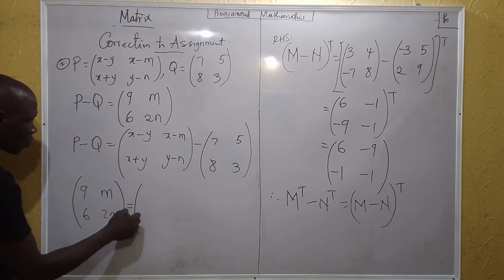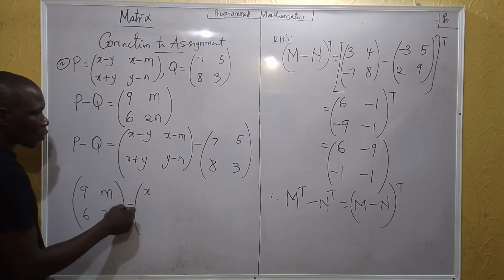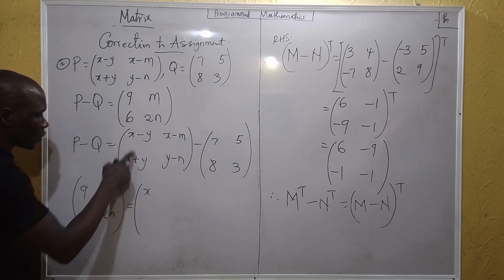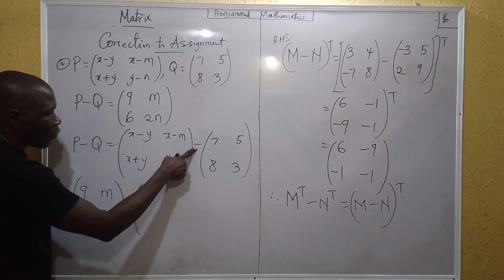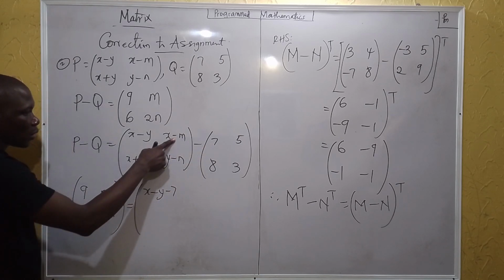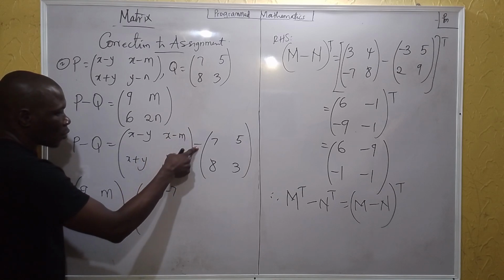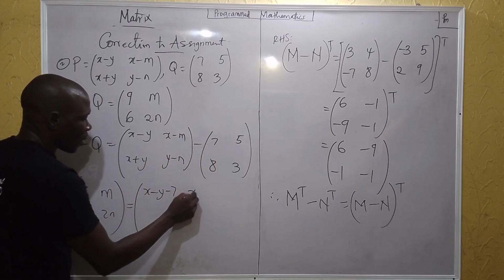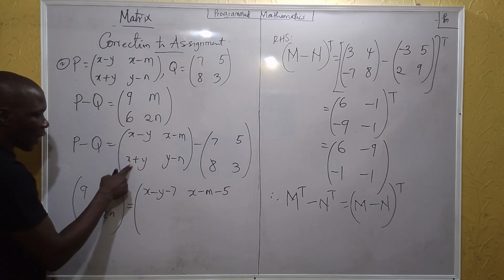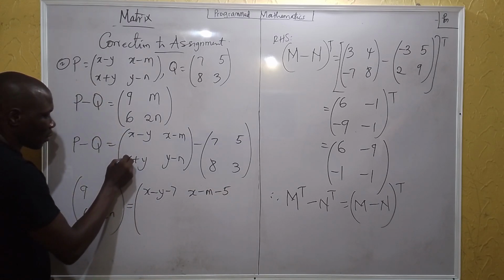If we subtract this straight, this will mean x minus y minus 7, then for this we have x minus m minus 5, then this is x here.